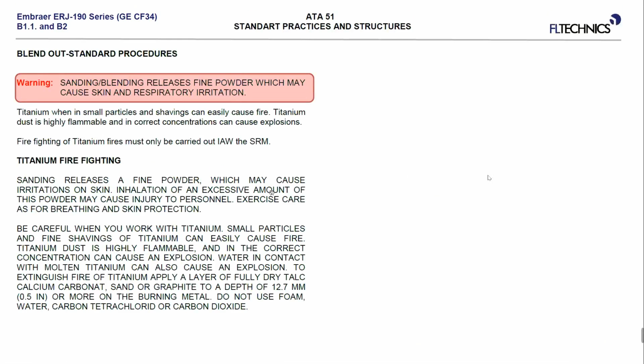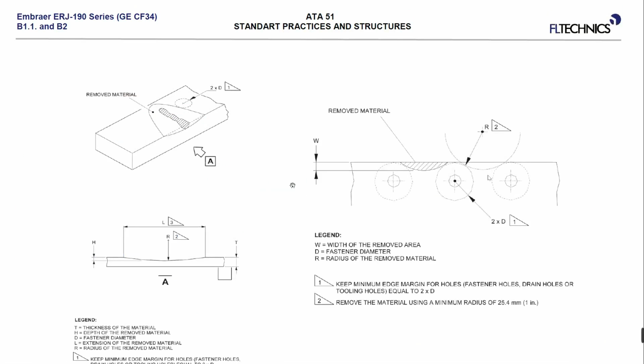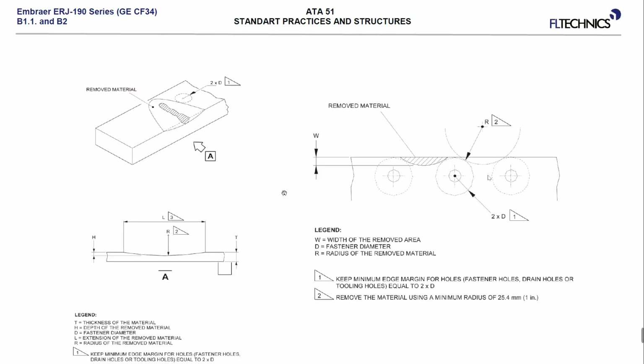Blend out procedure. Blend out looks very easy and very fun when you do it, but you can cause even bigger damage. Have a look. This is the example that I was trying to explain with words. Let's say we have a dent and scratch here, so we start to blend out.